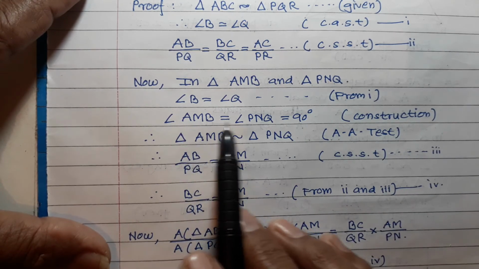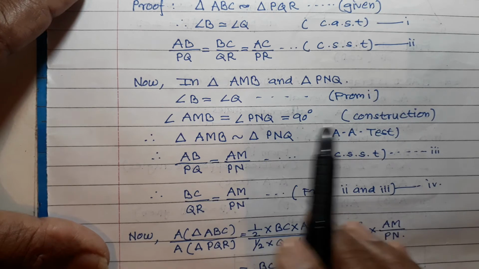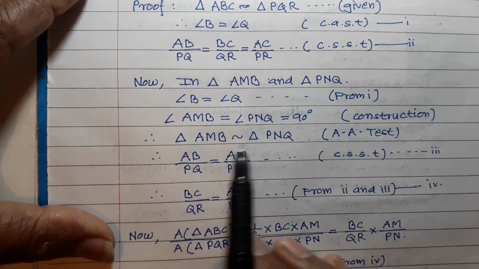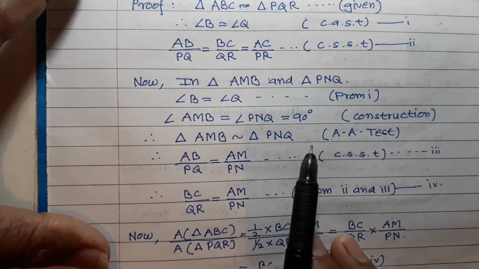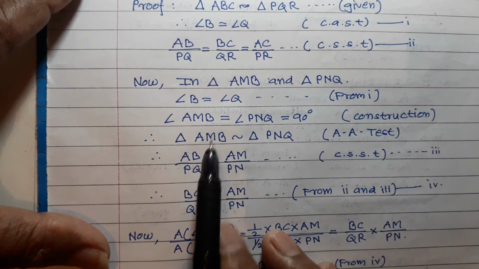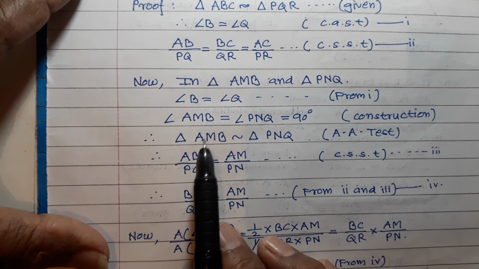Angle AMB is equal to angle PNQ is equal to 90 degrees, construction. And therefore triangle AMB is similar to triangle PNQ, by the AA test of similarity.